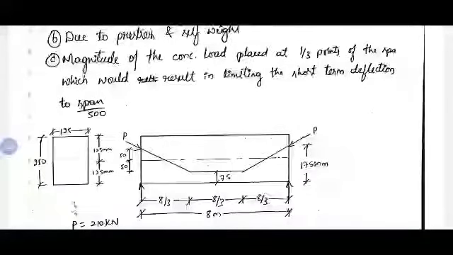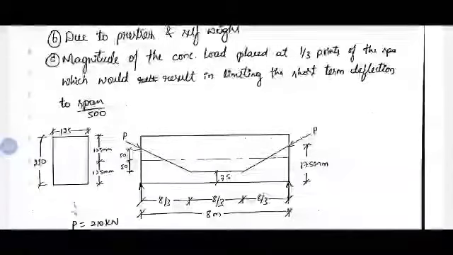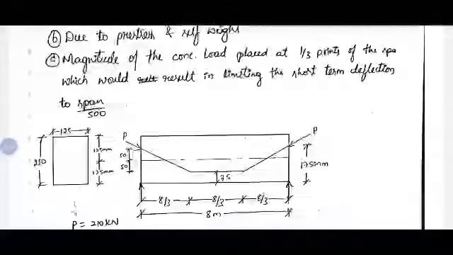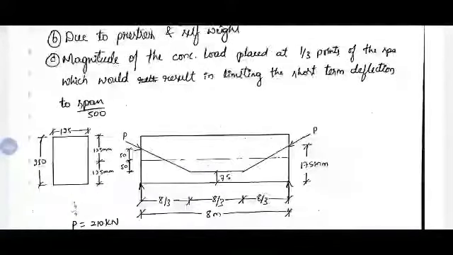So eccentricity at midspan will be 125 minus 75, below the centroidal axis, it is 50 mm. Again above the centroidal axis, 175 minus 125, again we get 50 mm.